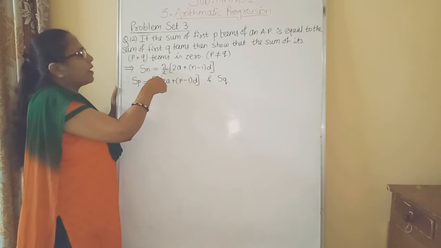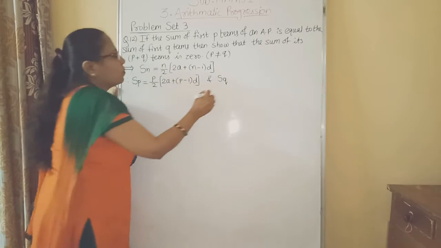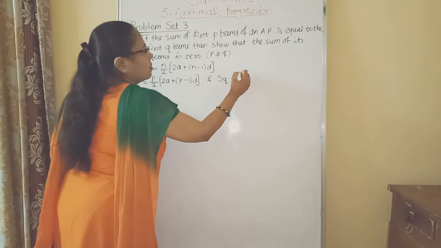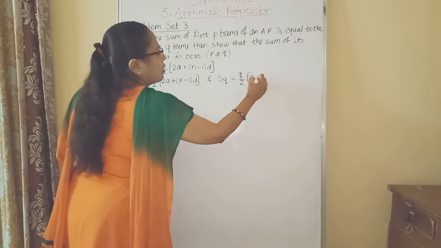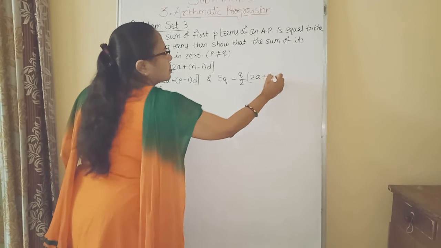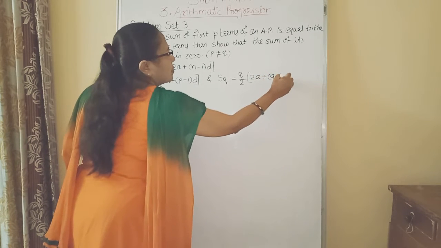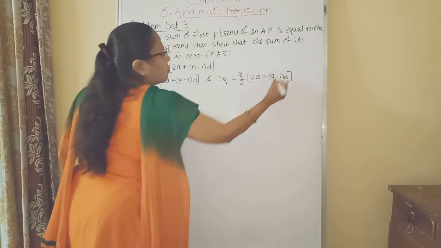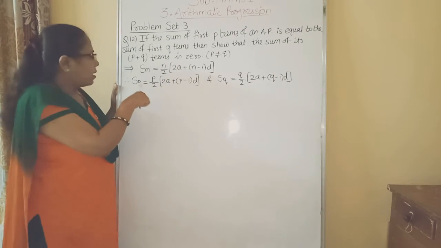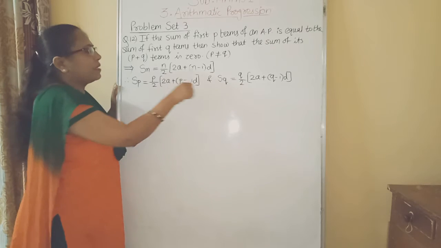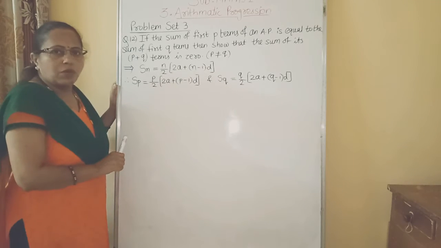So here instead of n we have to put q, equal to q upon 2 into bracket 2a plus q minus 1 into d, close the bracket. Follow this step, how we calculated sum of p terms and sum of q terms.